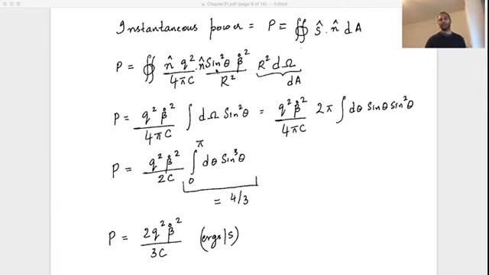So n hat dot n hat is just going to give you 1, and then this is the differential area element. In a shell, it's just going to be r square times d omega. So r square and r square cancel. That makes sense because the total power radiated should not depend on how far you are from the object. That's just the total power radiated by the object.